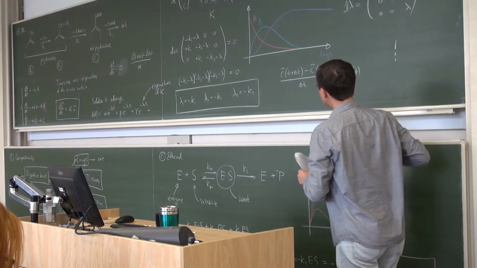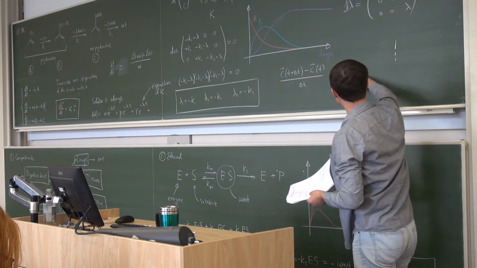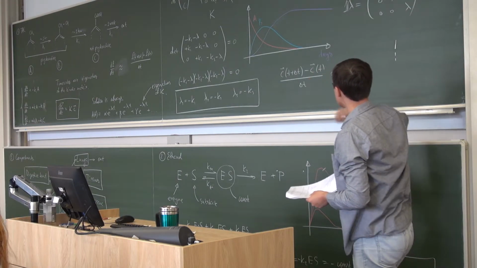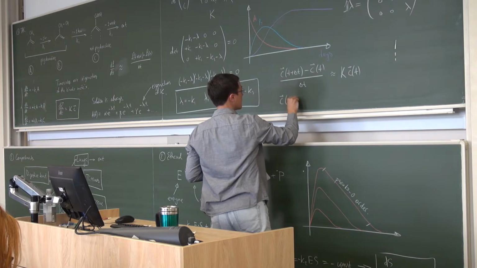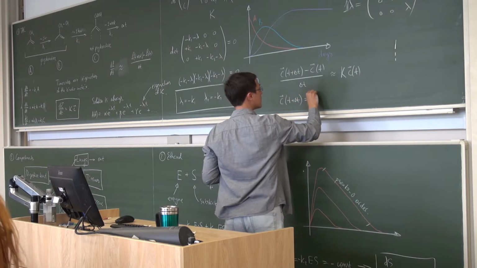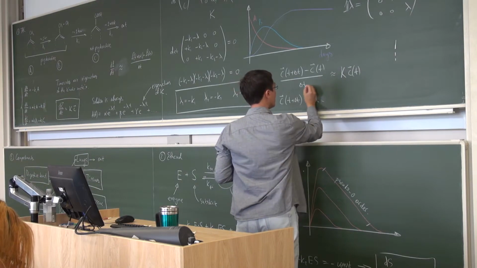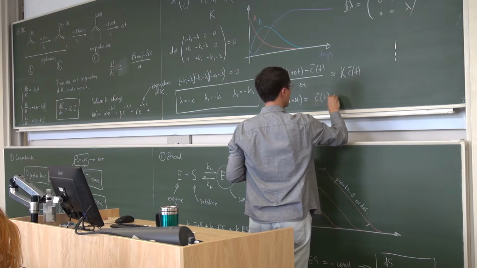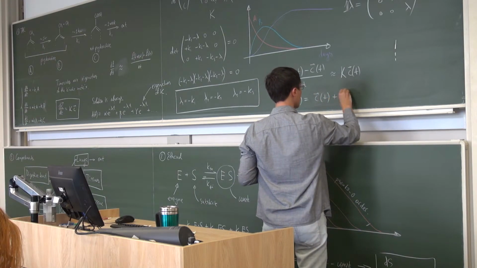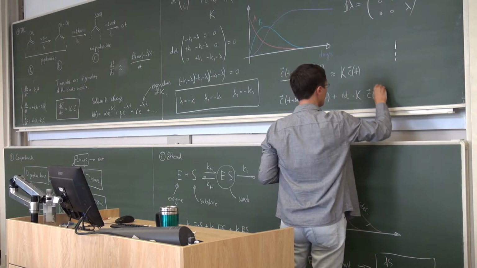Well, we can solve this for c(t + delta t), so I will multiply it by delta t, and I will shift the concentration over there. So c(t + delta t) is, let's say, c(t) plus delta t times k times c(t).